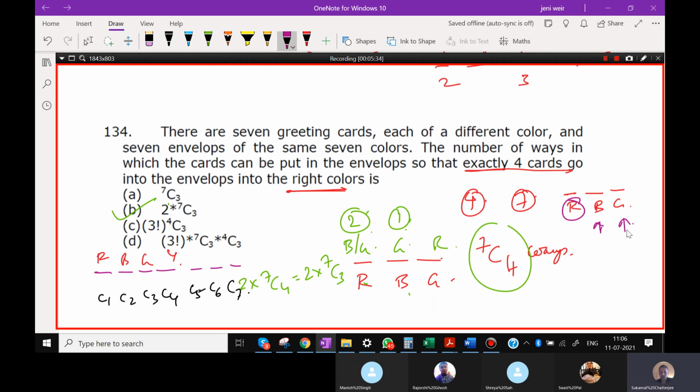So there are three possibilities of one card going into the correct envelope, and that can be chosen in 3C1 ways. If two cards have to go in the right envelopes, the combination can be RB, RG, or BG. That means I have to choose 3C2 cards out of three cards and put them in the correct envelopes.